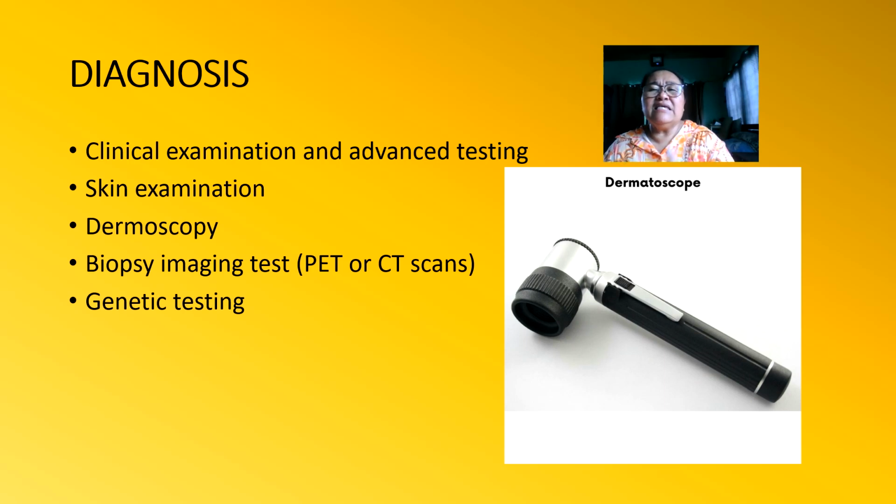The ABCDE rule, which is asymmetry, border, color, diameter, and evolving, is commonly used to identify lesions that may be melanoma. Another way to diagnose melanoma is through the use of dermoscopy. It uses a specialized magnifying instrument called a dermatoscope to examine the skin in greater detail.